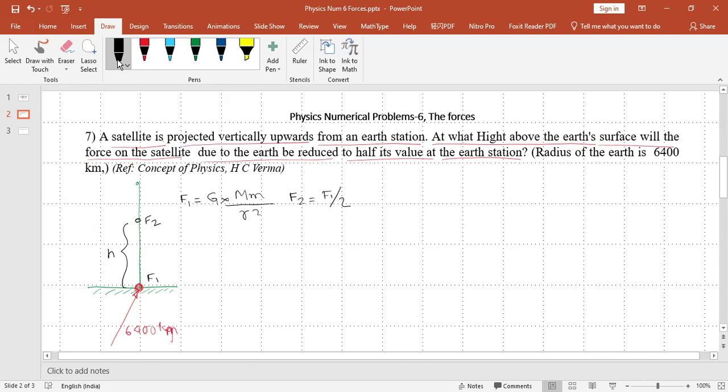So from here we find F2 is equal to, applying the same formula, G capital M small m divided by the distance from the center of the Earth to the satellite, which is R plus H whole square.